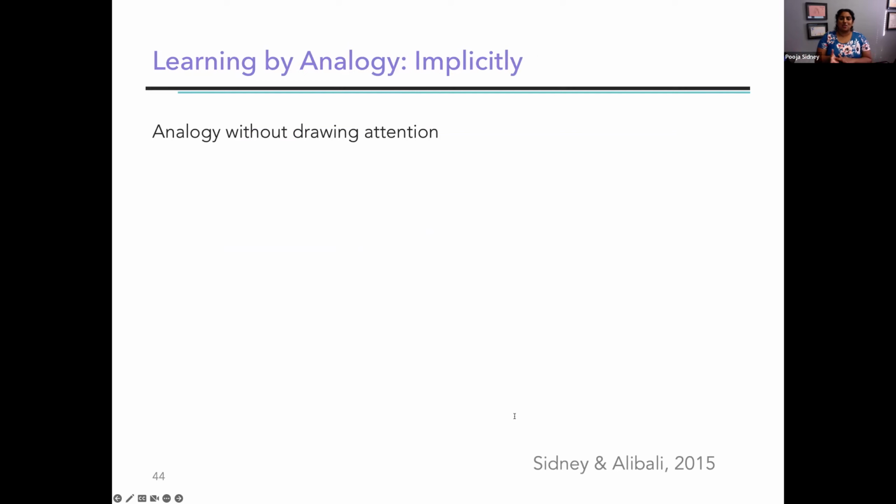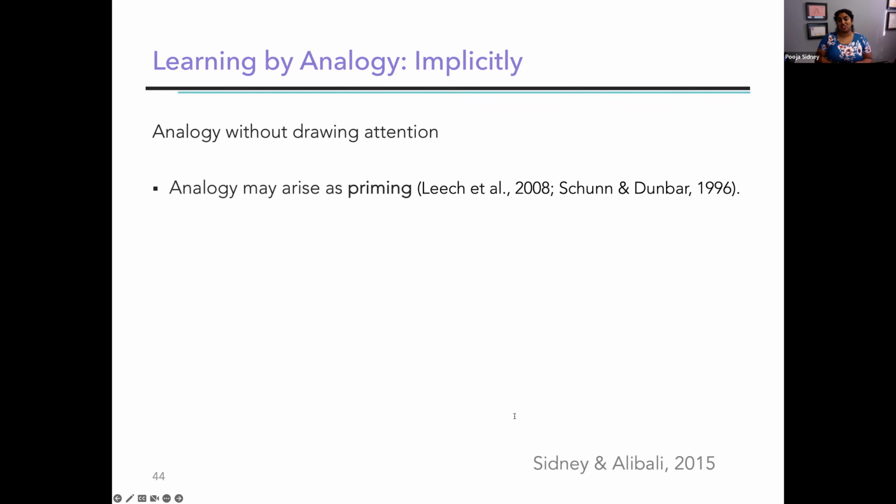So I think that when we reminded students about whole number division, but then didn't draw attention to the analogy, they still are learning. And so along with the evidence I presented earlier in the talk from adults and from young children, I think this could be converging evidence that analogy can occur through what Leach and colleagues have called relational priming.